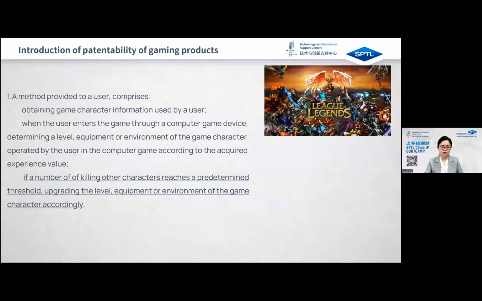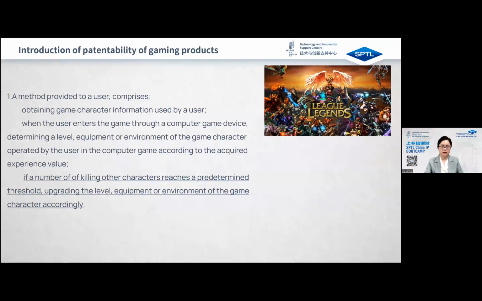Such a game rule is widely used in a lot of game products. Its main idea is that players control the characters of the game, and by killing opponents' controlled characters, the players get gold coins for buying equipment, and they also can get experience values for upgrading.